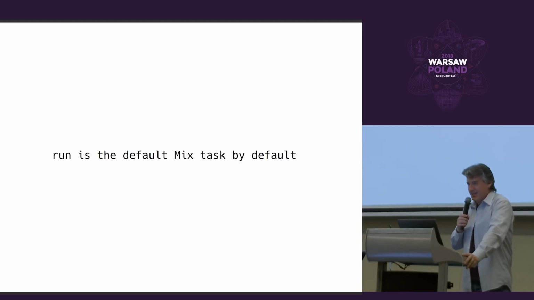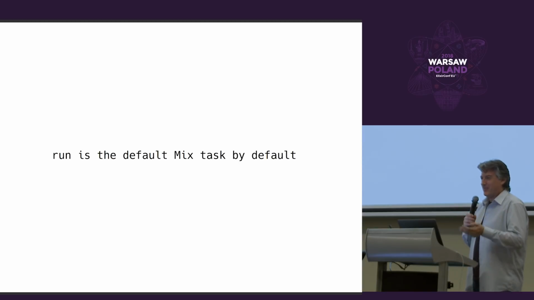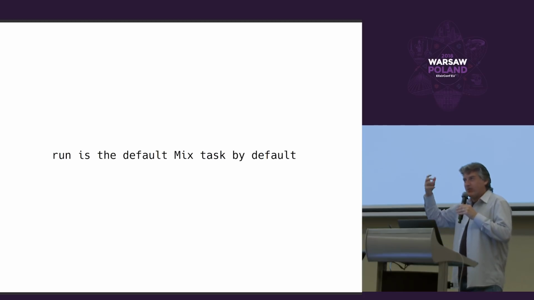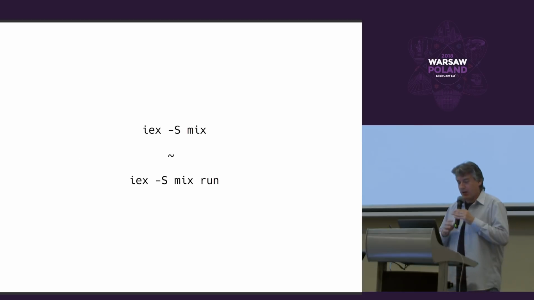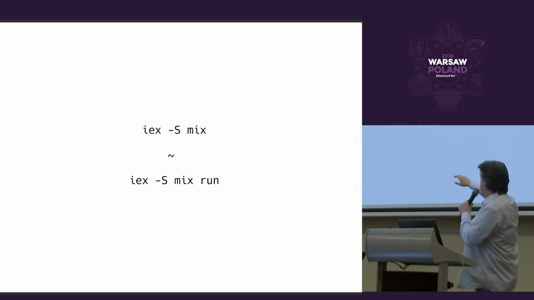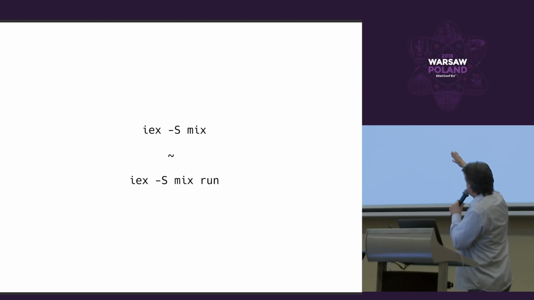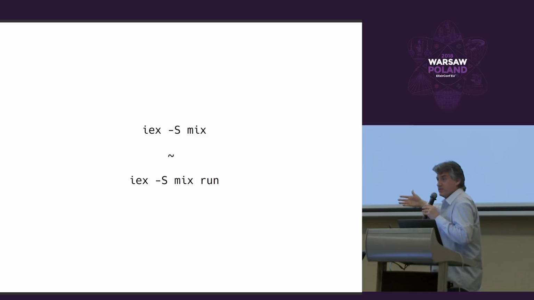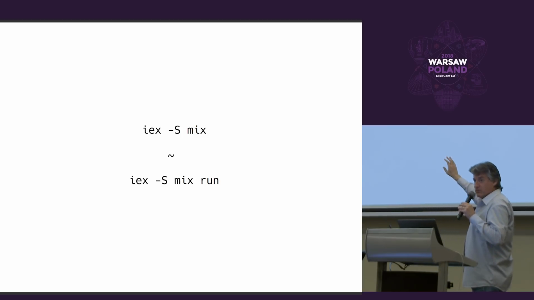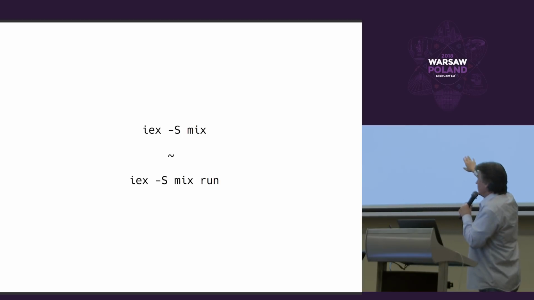So this is the default task, but you can override the default in the project. But normally that's run, and you are used to using this to launch this command, for instance, the Elixir shell -S mix. Since run is the default, what that is running normally is the run task.